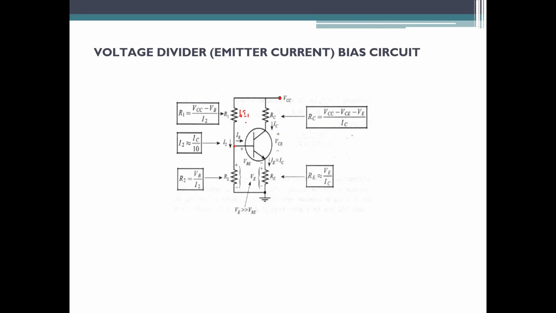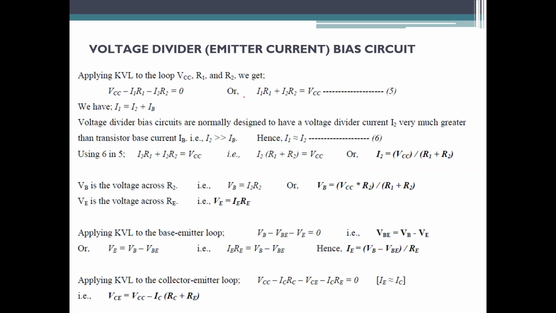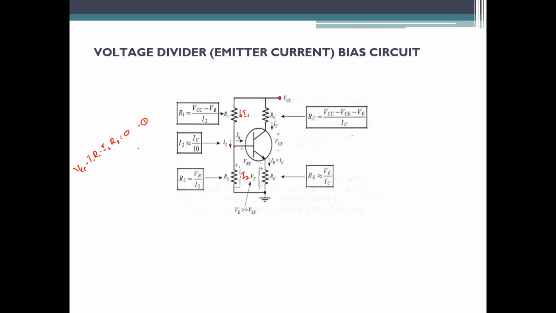VCC minus I1 R1 minus I2 R2, where the current flowing through this is I2, equal to 0. So this is considered as the first equation. Or you can reframe the equation as I1 R1 plus I2 R2 equal to VCC. They have rewritten it in this particular fashion.